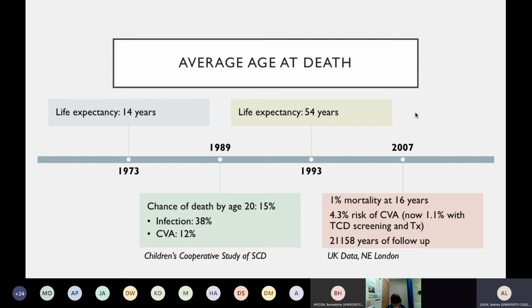So this is just the latest data, with some of the data from Northeast London, who have a very large sickle cell population, showing that the mortality now with best care is around 1%. So it's not insignificant, but it's better than it was through childhood. And the risk of stroke is now around 1% in childhood.